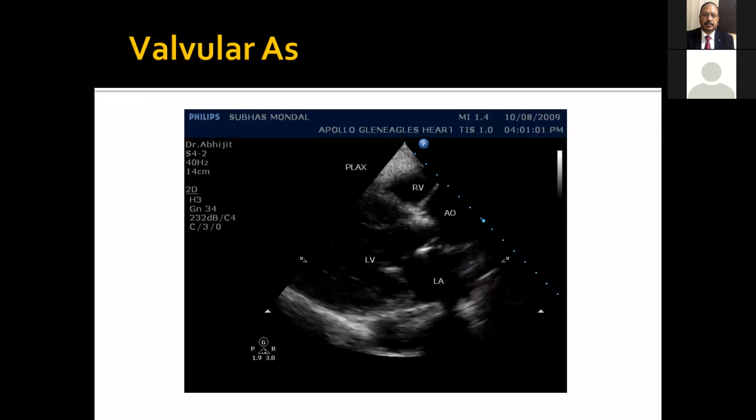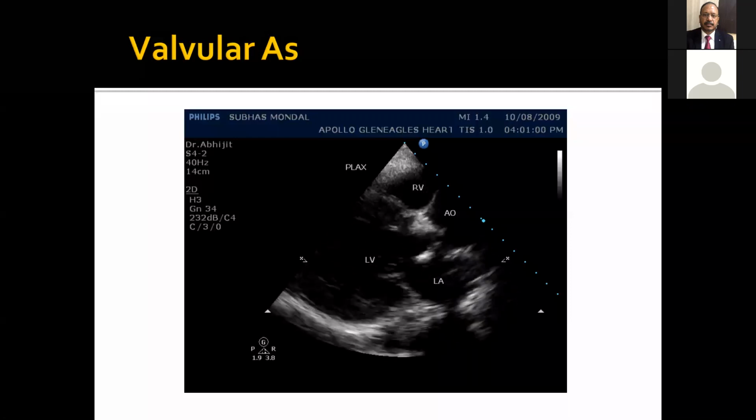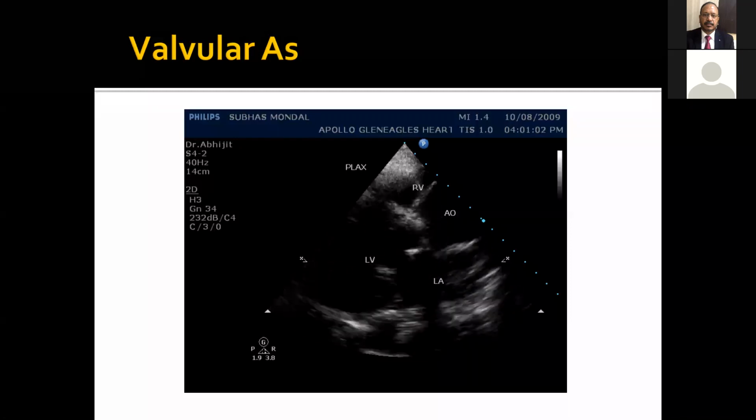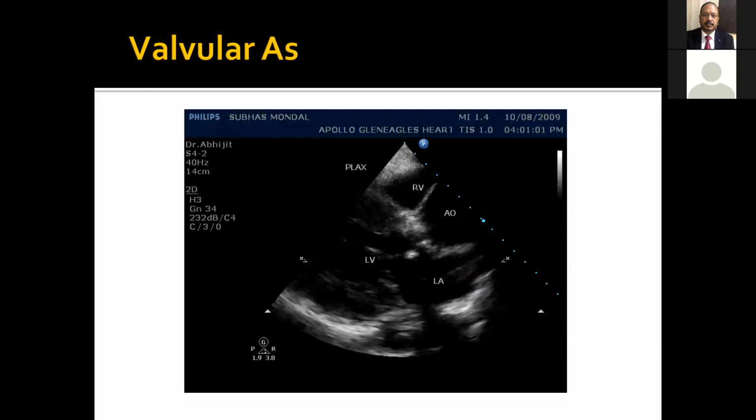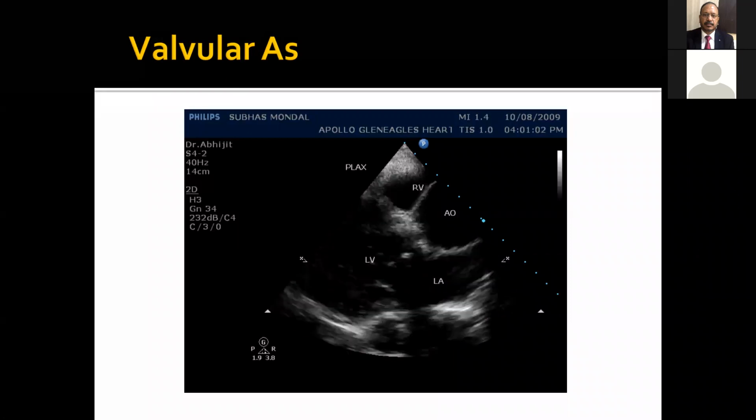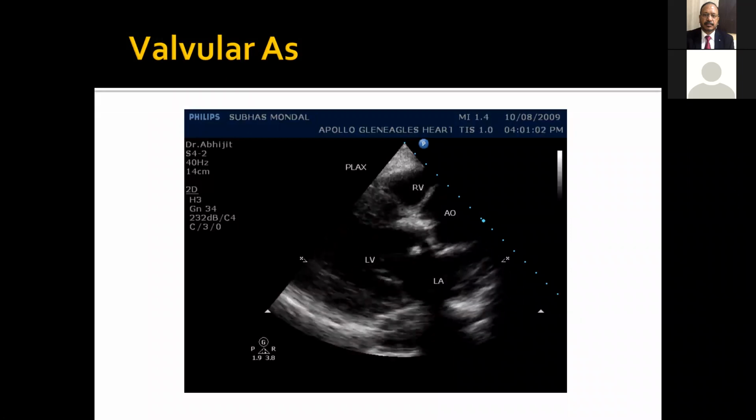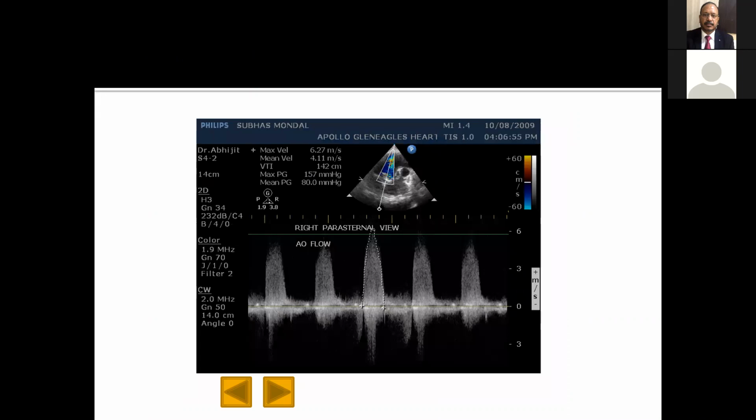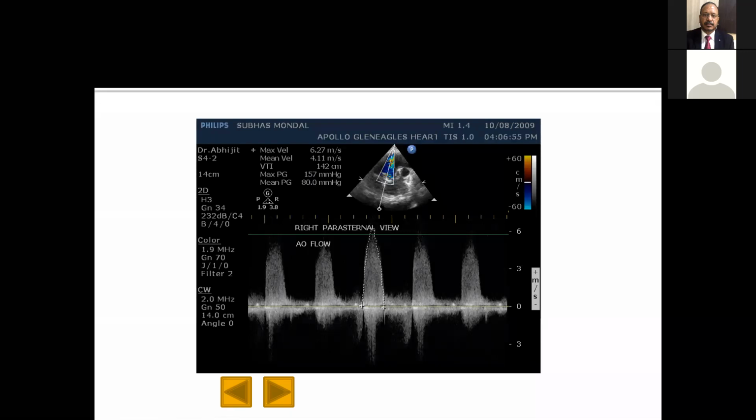Someone mistakenly thought that this was hypertrophic cardiomyopathy because of the left ventricular hypertrophy and T-wave inversions seen on the routine ECG. And look at the gradient that we have got. The maximum gradient is 157 millimeters mercury and peak gradient is 80 millimeters mercury. This patient underwent a successful aortic valve replacement.